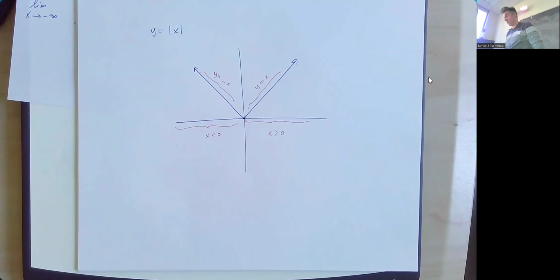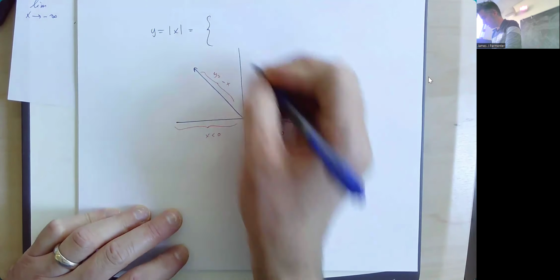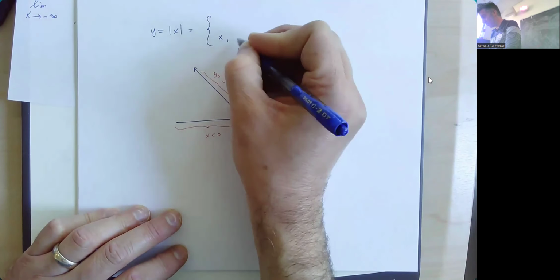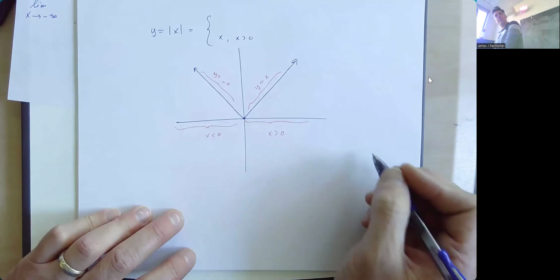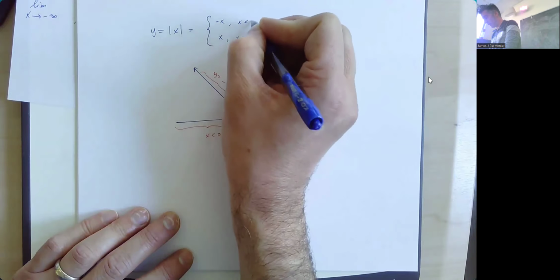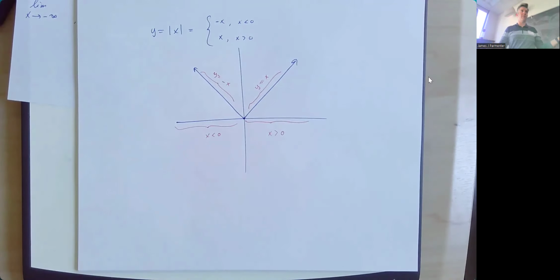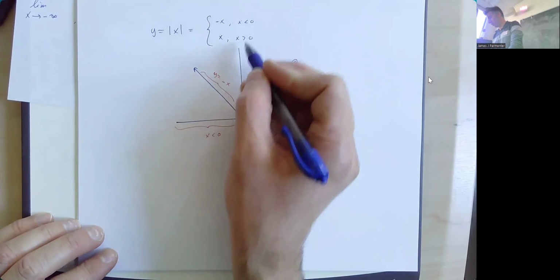So it's literally the case that the absolute value of x is equal to positive x when x is already positive, and negative x when x is already negative, so that the negative of that negative becomes positive. And then you can include the 0 in whichever piece you decide you want to include. It doesn't matter if you put the equals here or here.